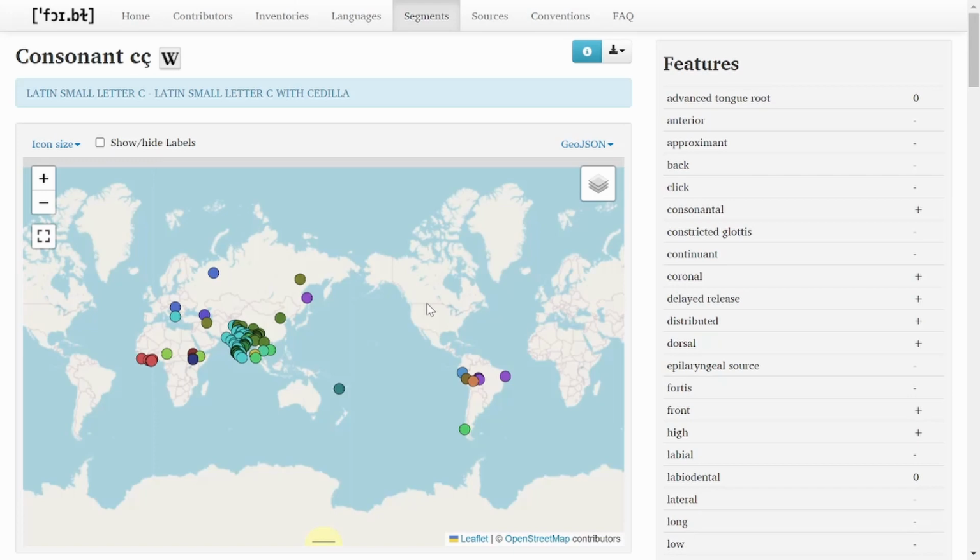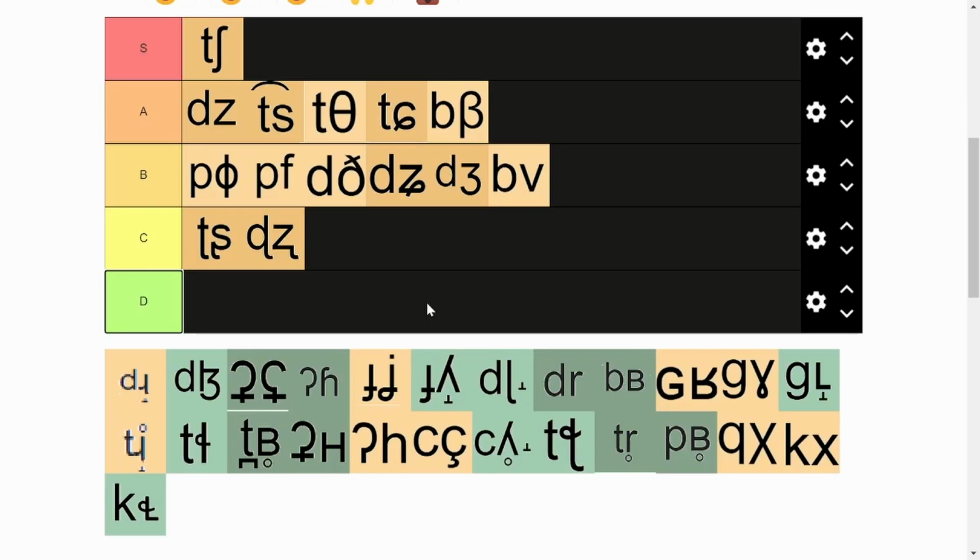And you can see it's very Indian, and around western China, and Southeast Asia, which is interesting. That is not what I would have expected. Yeah, me neither. Today you learn.